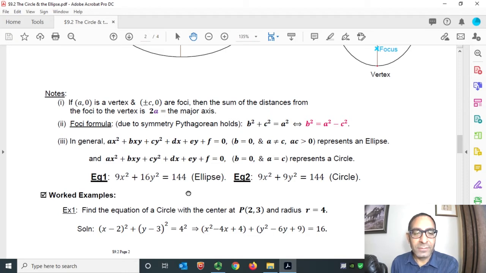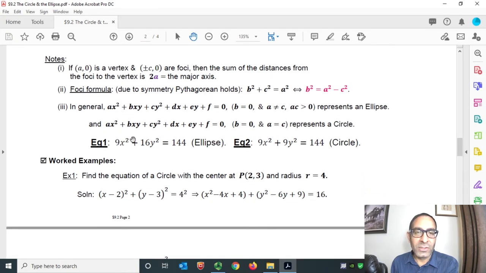Quick example here: 9x squared plus 16y squared equals 144 is an equation of an ellipse, whereas 9x squared plus 9y squared equals 144 is an equation of a circle. I hope it makes sense to you all.